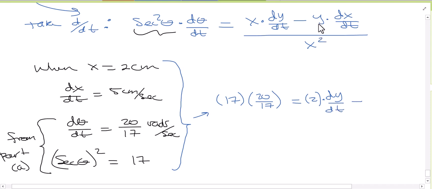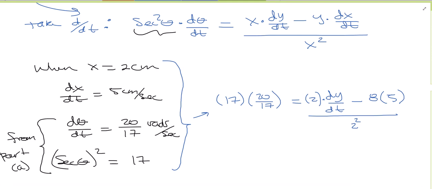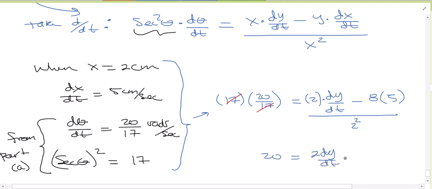When x is 2, y is x cubed, so that will be 8, times dx dt, which is given to us as 5 centimeters per second, all over x squared, so 2 squared, which is 4. Here our 17s can cancel off, and we're left with 20 equals 2 dy dt minus 40 over 4.